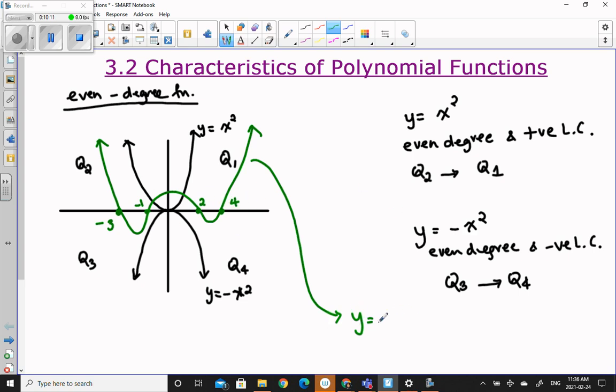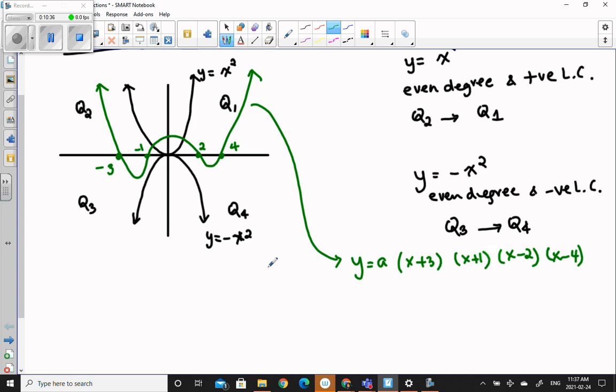So then a possible equation would be y equals some a value which is positive, and then x plus 3, because that's the zero, x plus 1, x minus 2, and x minus 4. Could be a possible equation for that function, where you have a positive leading coefficient.